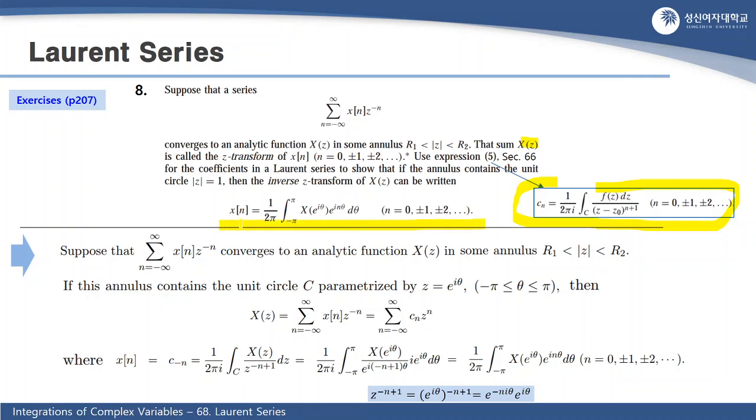Okay, the problem requires us to show this holds. Suppose that the summation n from negative infinity to infinity of x square bracket n times g to the negative n converges to an analytic function X of g in some annulus, where the absolute value of g is greater than R1 and less than R2.